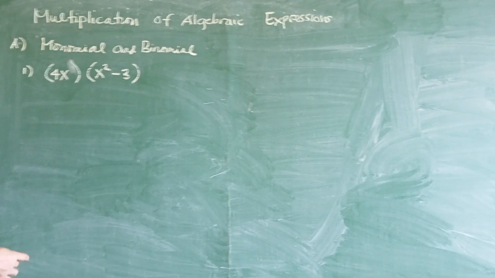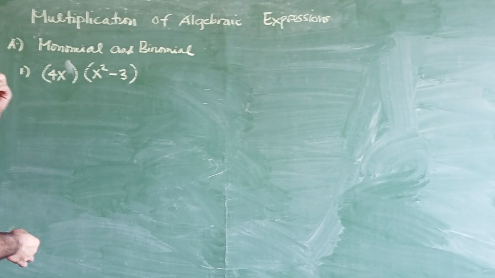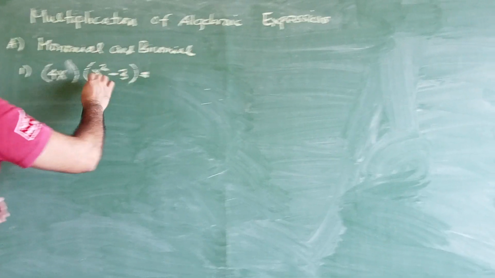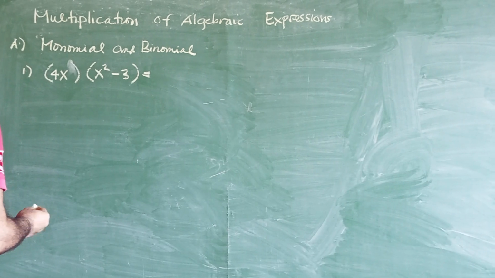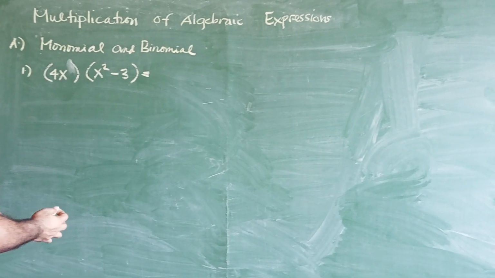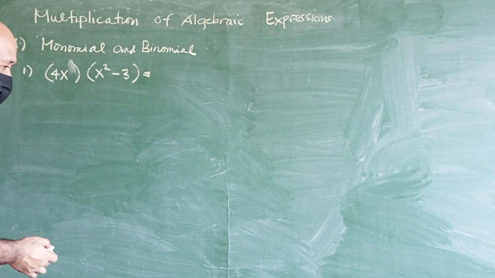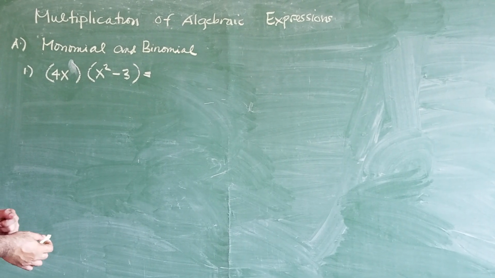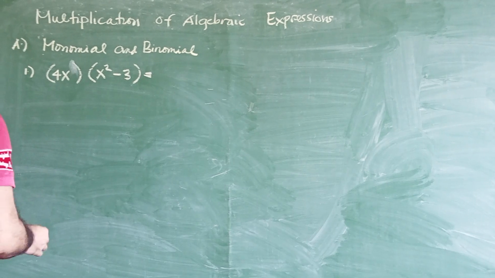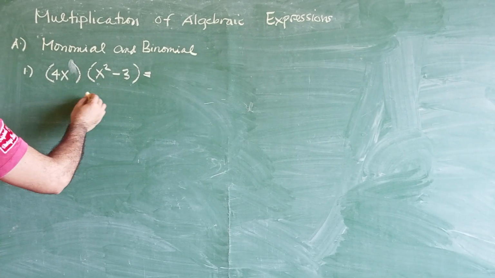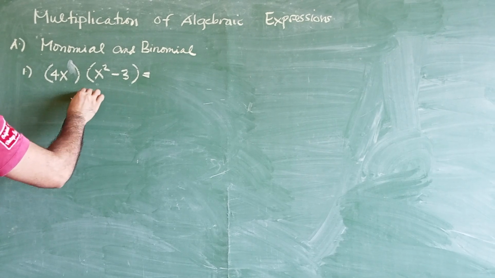And how are you going to do the process of multiplication here, if you can still remember? Either you continue the horizontal multiplication, but in my case, I always suggest the vertical way of multiplying algebraic expressions, where the one with more than one term should be placed on top.